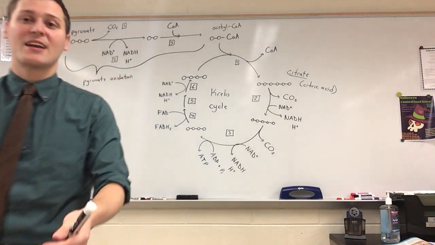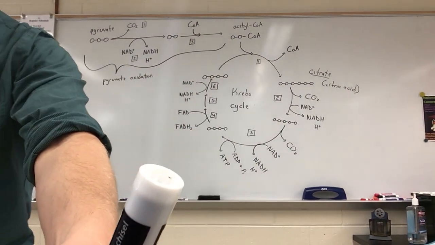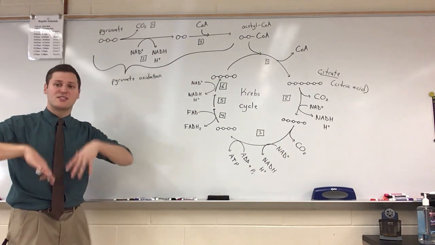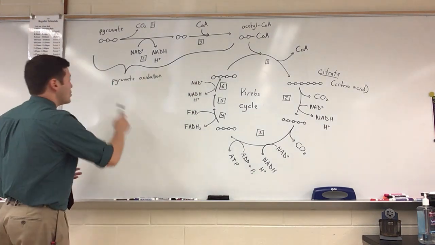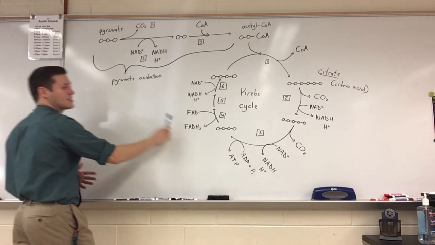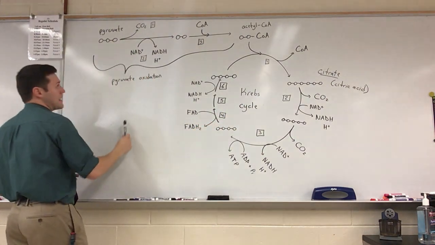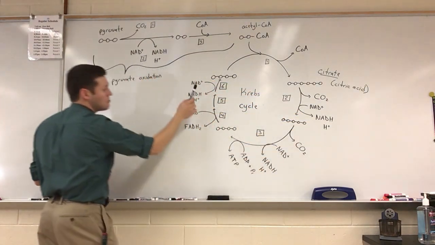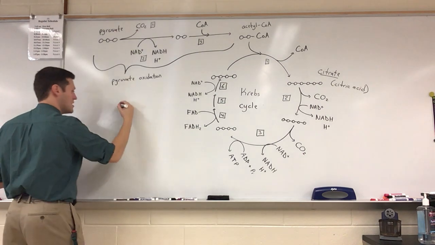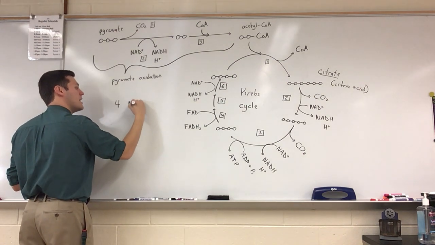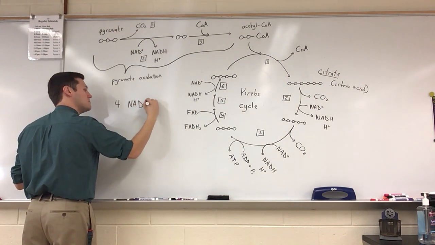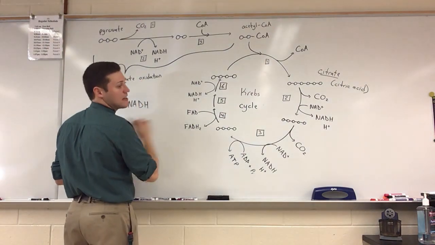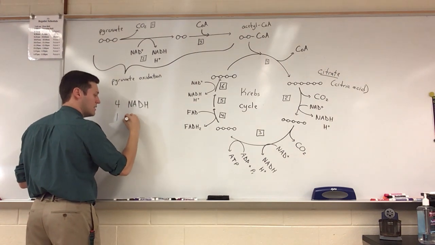So just to kind of summarize everything, during this whole process between pyruvate oxidation and Krebs cycle, we made 1, 2, 3, 4 NADHs. So 4 NADHs. We made 1 FADH2.